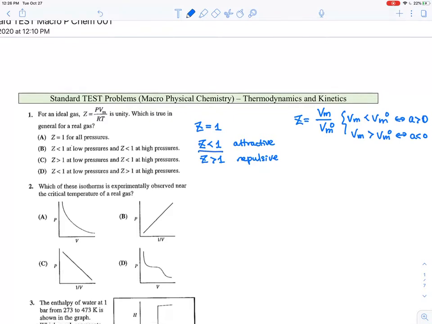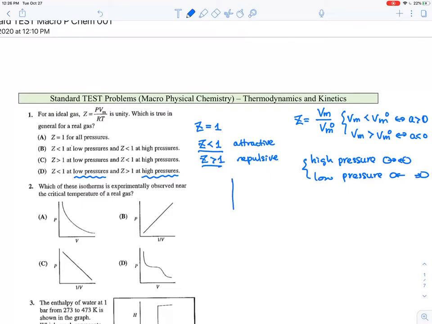So I get this one for the real gases, but now I start to see the argument about the pressures. High pressure means that you are bringing the molecules closer together, right? Low pressure, you are moving the molecules apart, right?